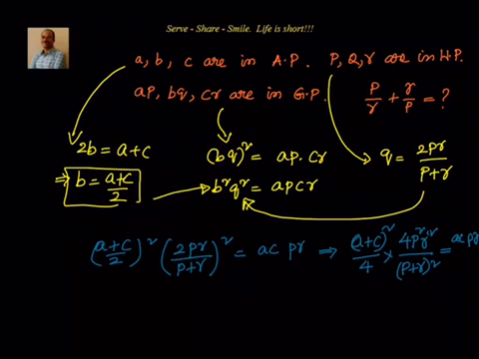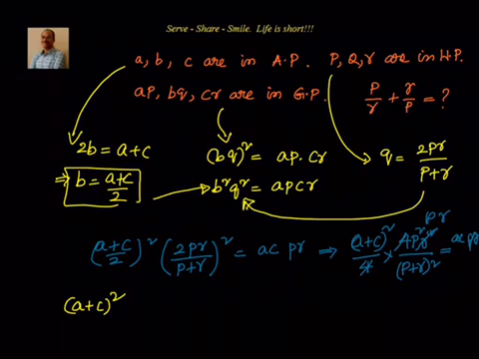Now I can cancel one PR. I am left out with one PR here. 4 will go away. What will happen now if you simplify? Next step will be, we'll have A plus C whole square, that AC will come down. So it will become A plus C whole square by AC equal to P plus R whole square divided by PR. What's the logic here?